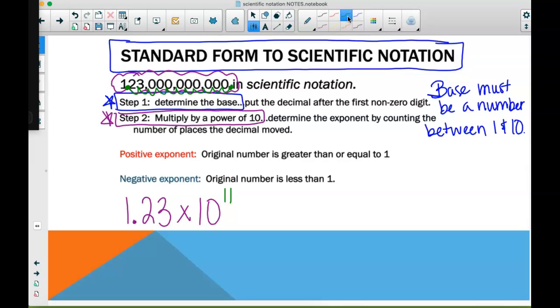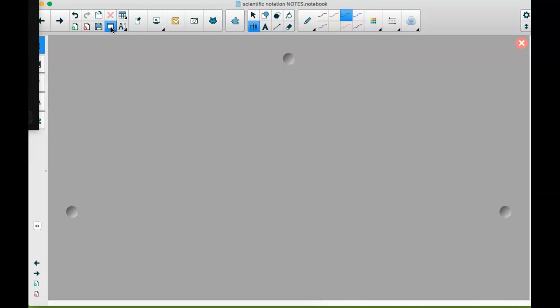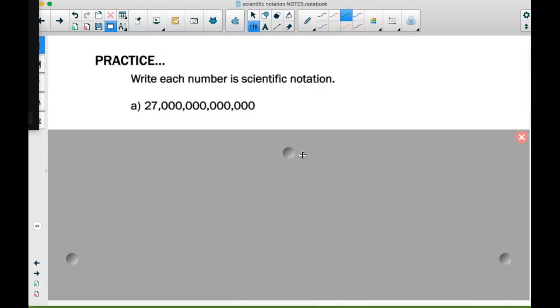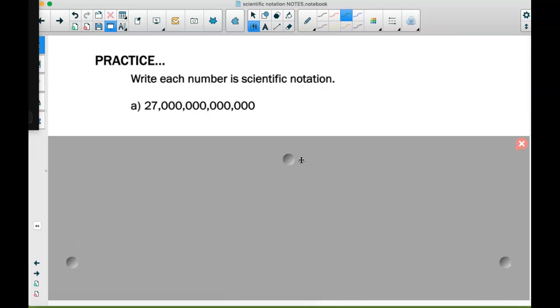Okay, so let's try this a few more times, hopefully, so that we can get the hang of this. Okay, so we want to write this number in scientific notation. It's 27 with 12 zeros behind it.